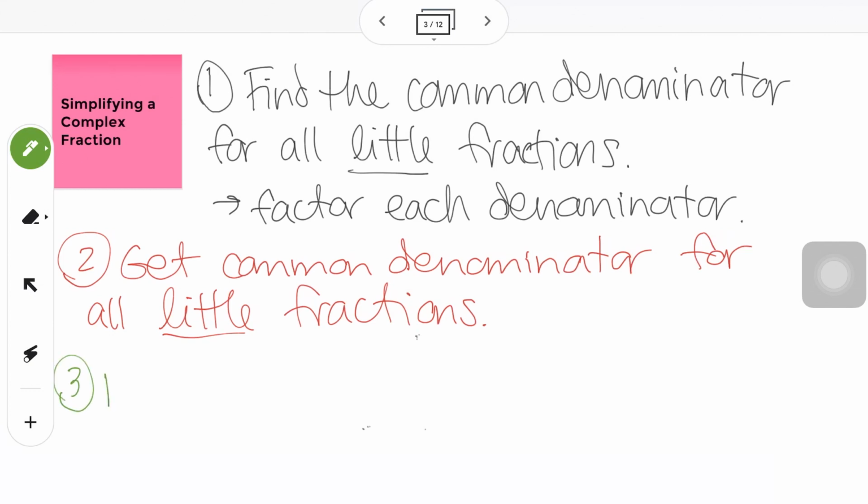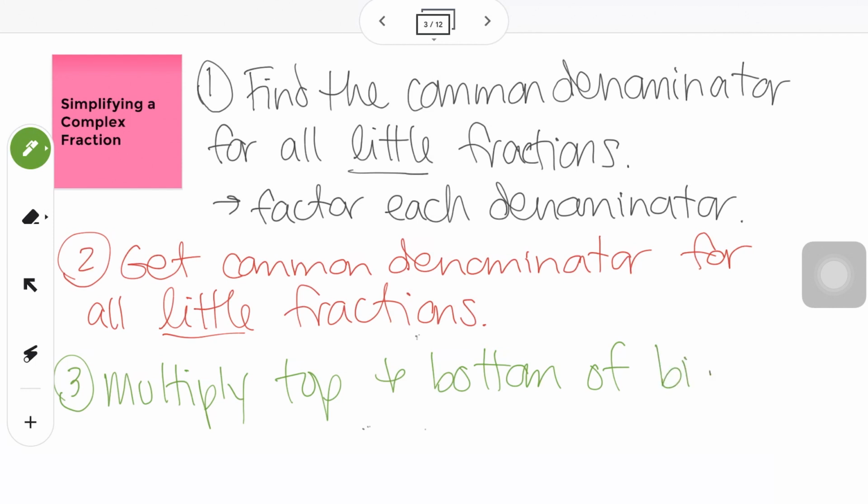In this third step, you are going to multiply the top and the bottom of your big fraction by that common denominator, by your LCD. This is going to cancel all of your little fractions, and you will only have big fractions remaining. So this step will get rid of your little fractions and get rid of your complex fraction.